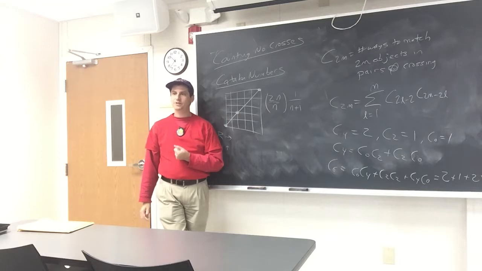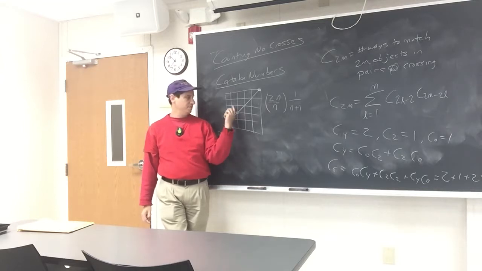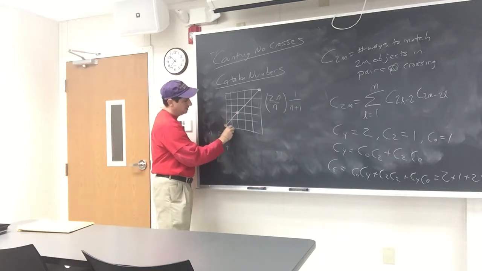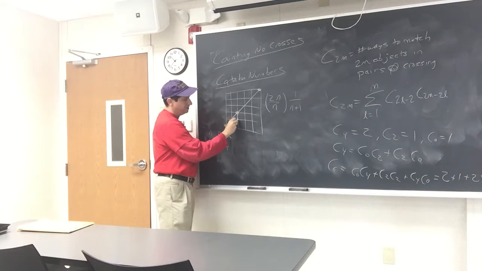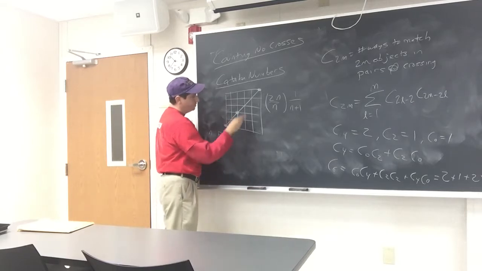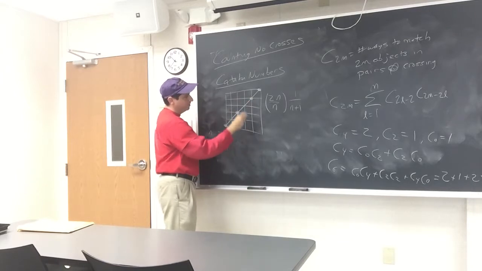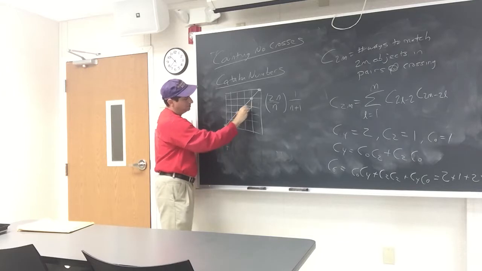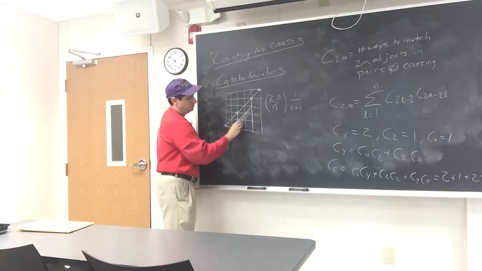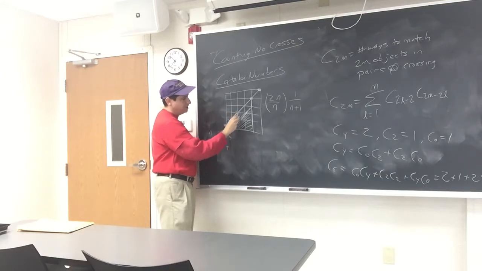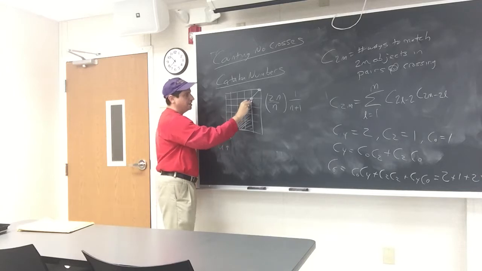You've got to be a little bit careful because you're talking about the first time I return. If it's the first time I return, then I've got to be like this, and I have a legal path along here. Or if the first return was all the way over here, I would have to be in this part of the triangle. I would start here going to the right, then do something through here, and then come up.